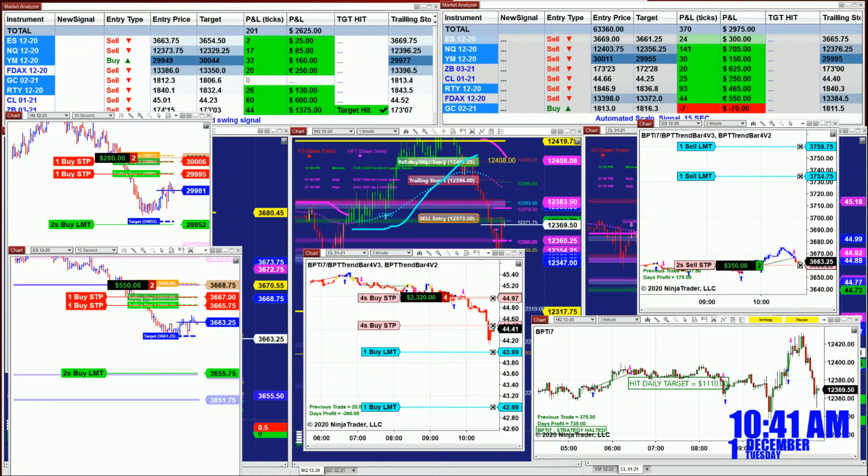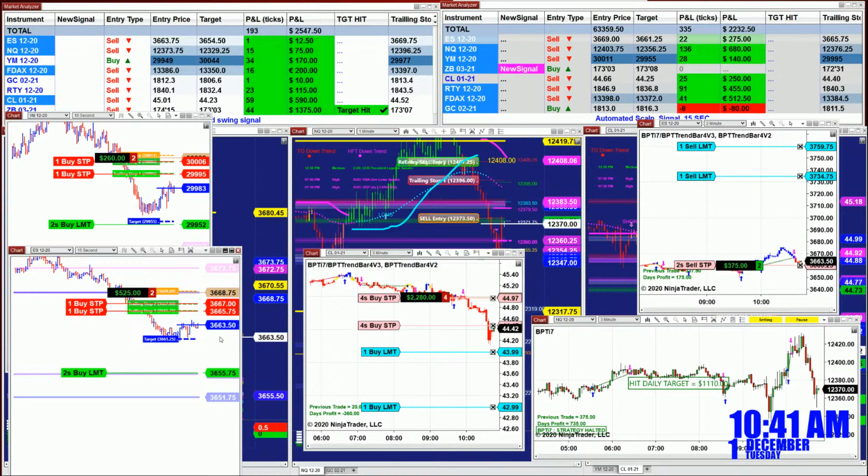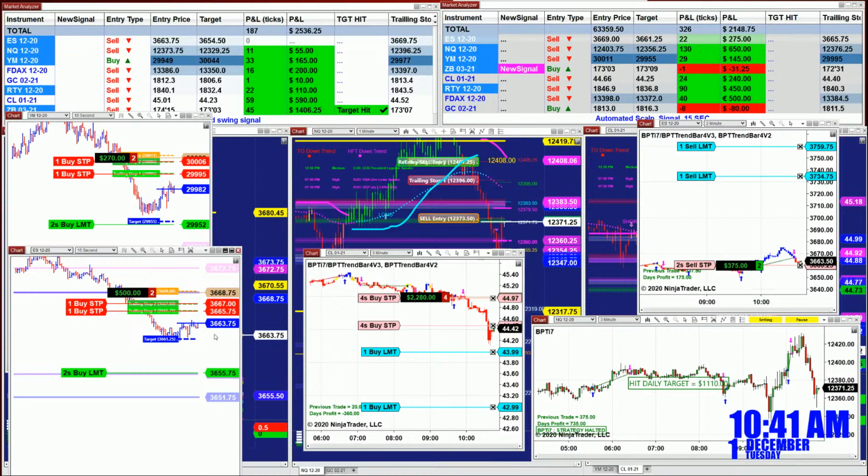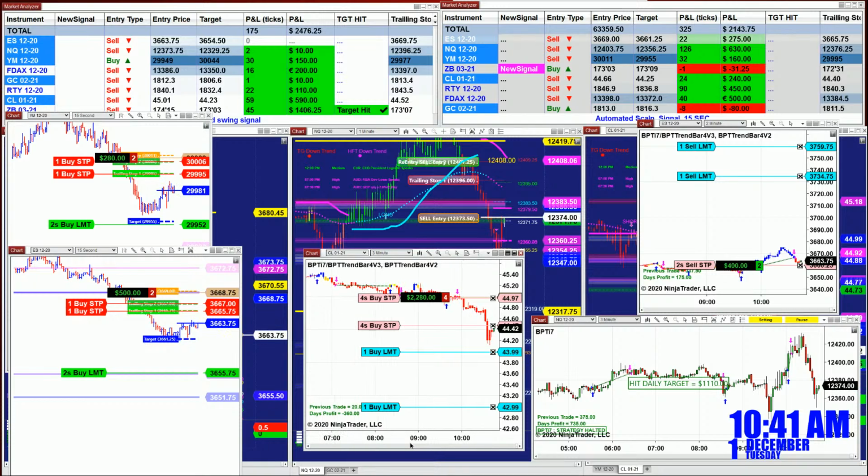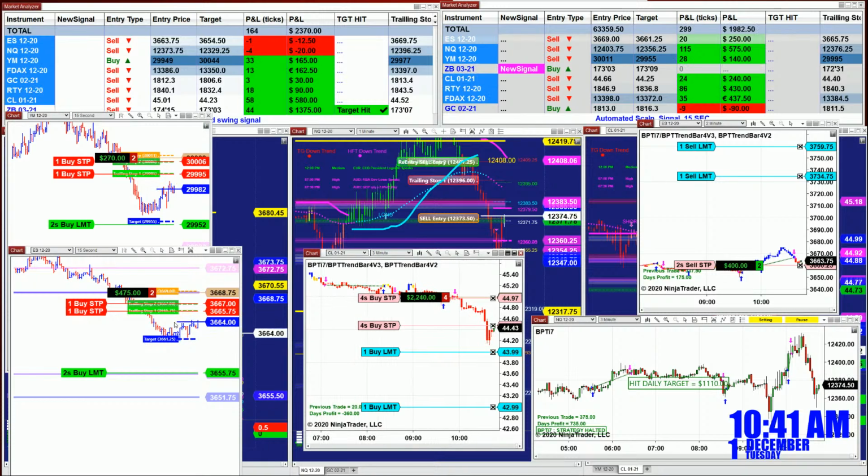As we see, the ES is not going anywhere, and that's why I said I'm not buying that ES short. I'm leaving it alone, and you can see there is no trend short.